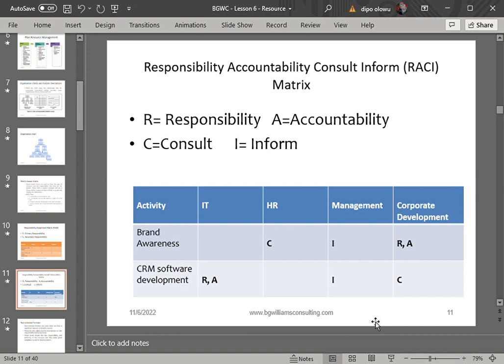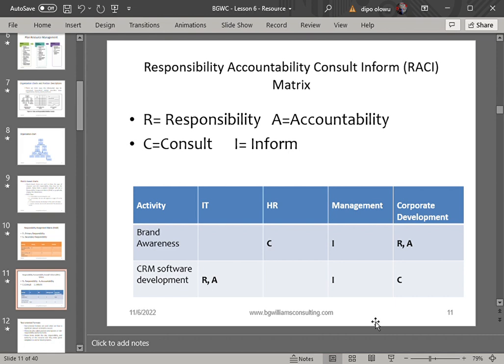So the corporate development department will consult HR for any other possible input for brand awareness, while the corporate development department will definitely inform management of what they have done so far.